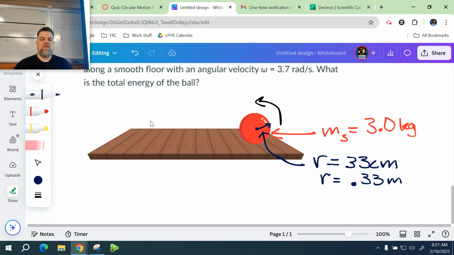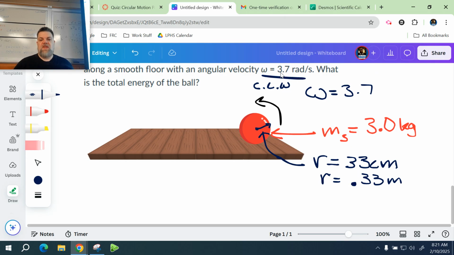All right, and then the last bit of information is that they tell us that the angular velocity, omega, equals 3.7. Now, since omega is positive, remember that means that it has to turn counterclockwise, right?